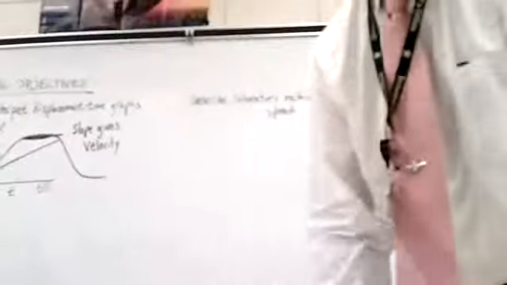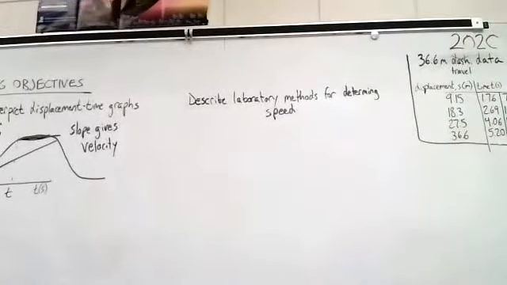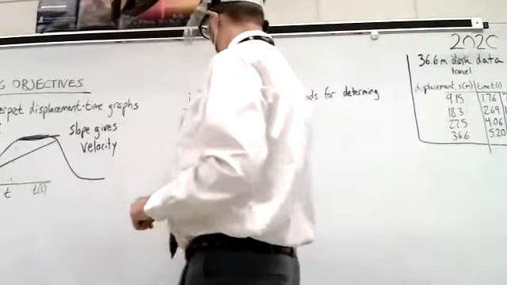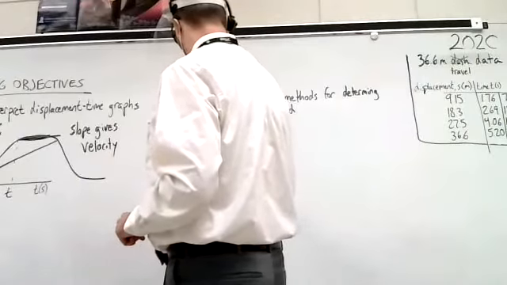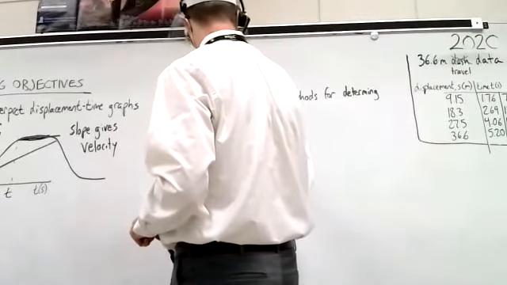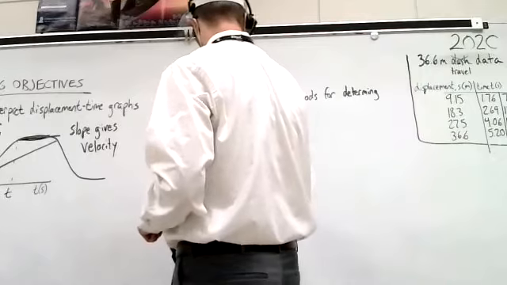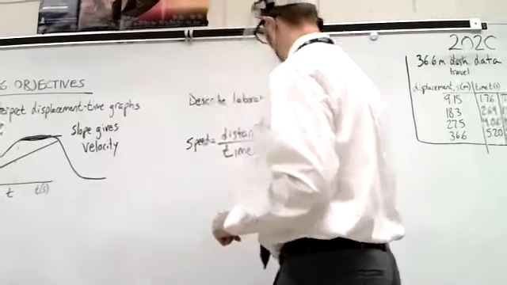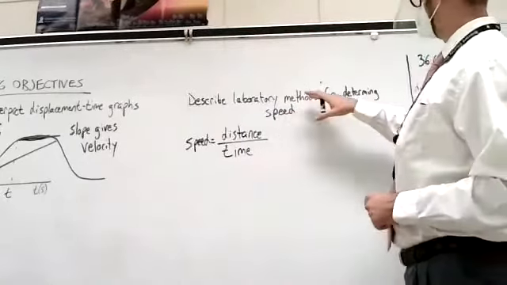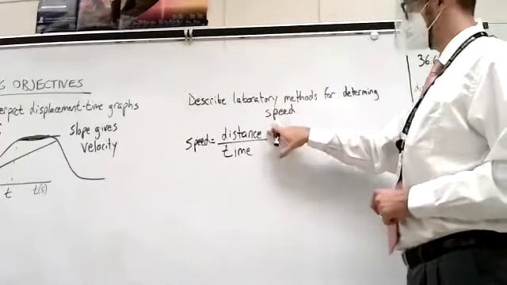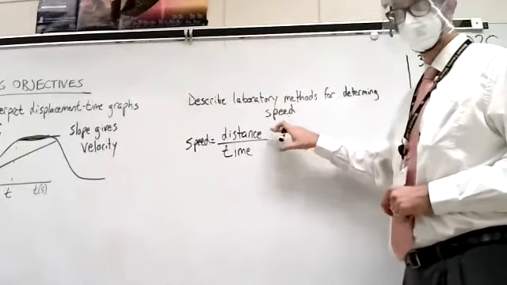Describe laboratory methods for determining speed. Okay. Speed, you may recall, is distance divided by time. We defined it just a moment ago. In order to determine speed, we need to measure distance, we need to measure time, and we need to take their ratio.